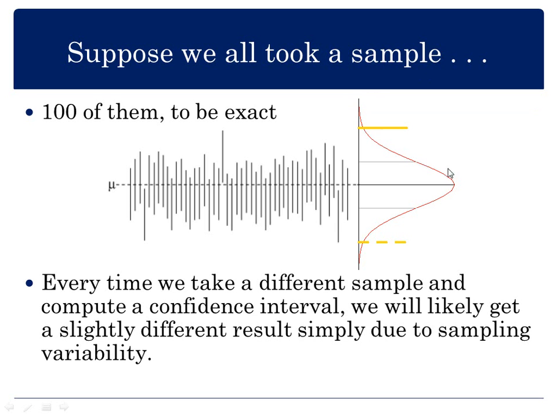This is the sampling distribution of means. Suppose we all took a sample. Everyone in this room took a sample of size, let's say, 10, from the same population. We did it independently, and we all computed a confidence interval for the mean.